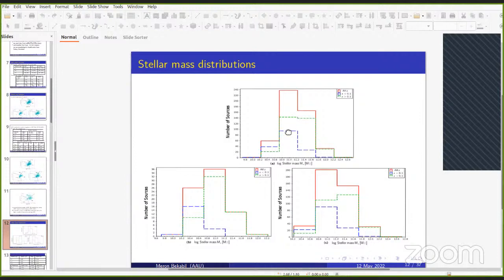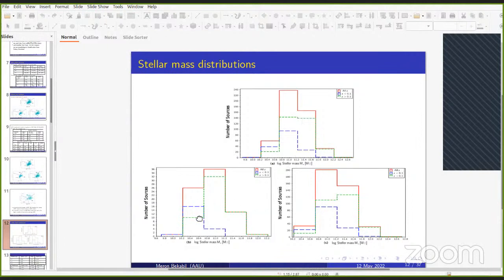The green one is for high redshift and the blue one is for low redshift. As I'm saying, the statistics show that at high redshift there will be a little higher, more massive stellar mass, or the stellar mass increases. That is what I see from my analysis.